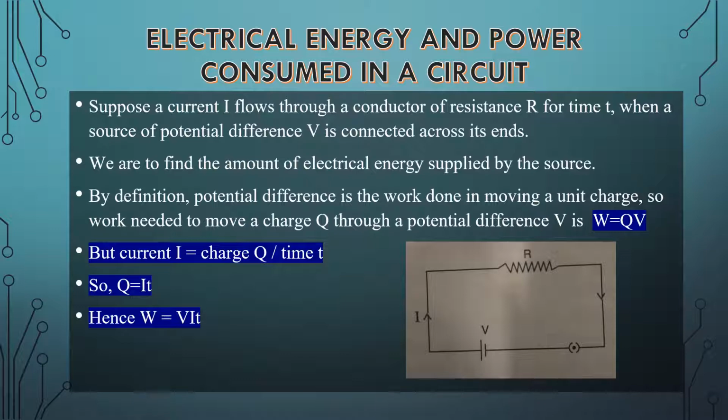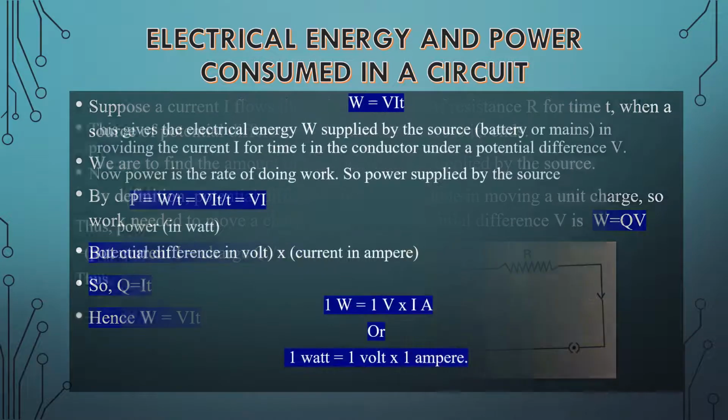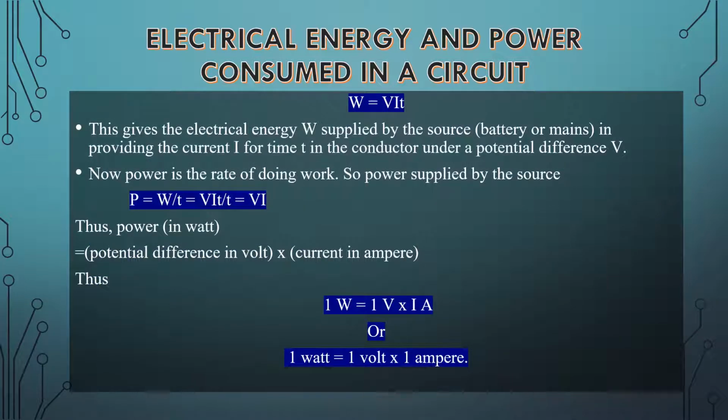So now the formula will become W = V × I × t. The formula W = V × I × t gives the electrical energy W supplied by the source in providing the current I for time t in the conductor under a potential difference V.